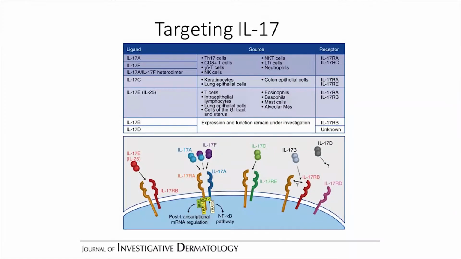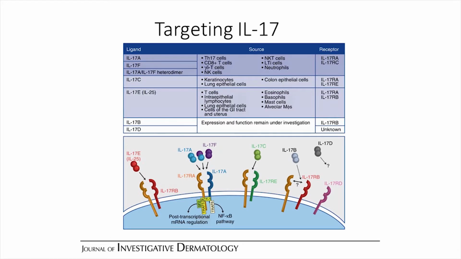There are a couple different strategies for targeting IL-17, or the IL-17 pathway. So IL-17 functions as a dimer. It can be a homodimer, where you have two of the same subunits dimerizing, or you can have a heterodimer, where you have two different subunits. So the two ways that we are now able to target IL-17 are, we have antibodies that bind to the IL-17A subunit.